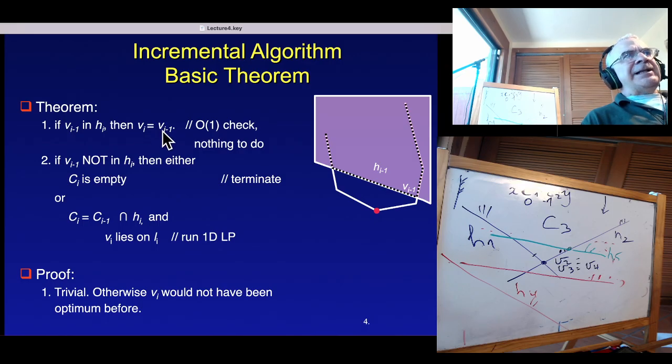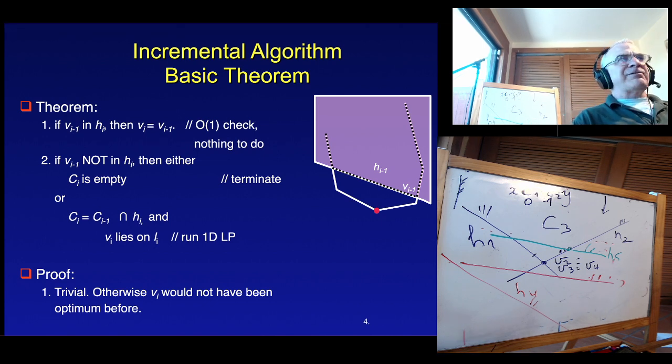Well, you cannot get any better than vi minus 1, and you definitely don't want to get worse. Adding more constraints can only damage your cost function, your achievement so far.